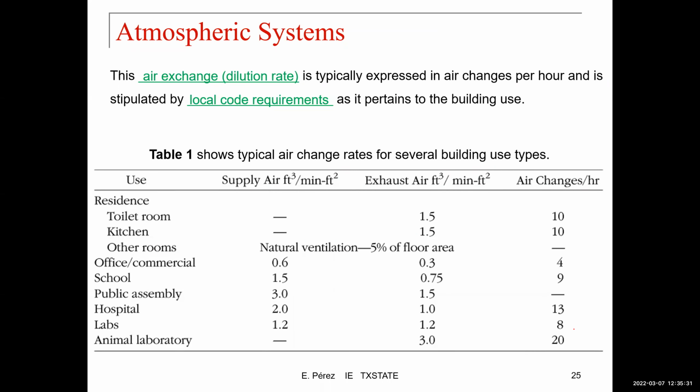You will see, for example, there's a supply and an exhaust, so basically taking out the air from inside the facility. And those requirements will change according to the type of use that you're giving to the area of the building, in this case, the residents. Or if you're looking at commercial, school, a hospital, you'll have different types of minimum requirements that you have to make sure that you meet.